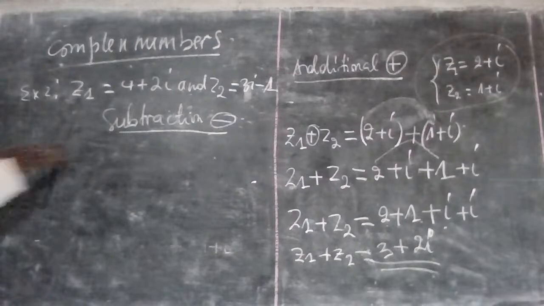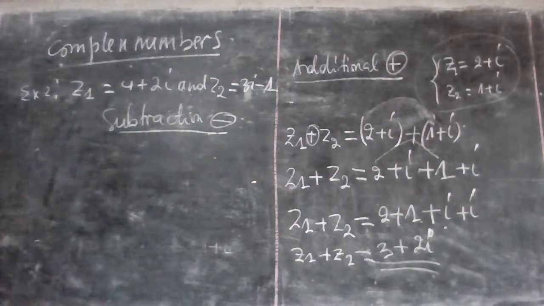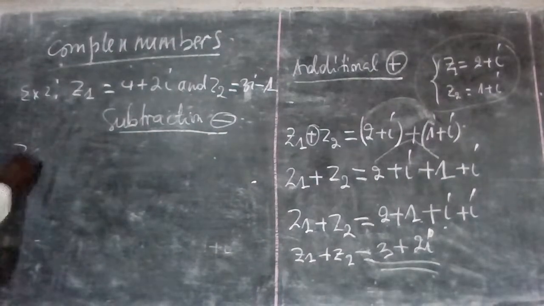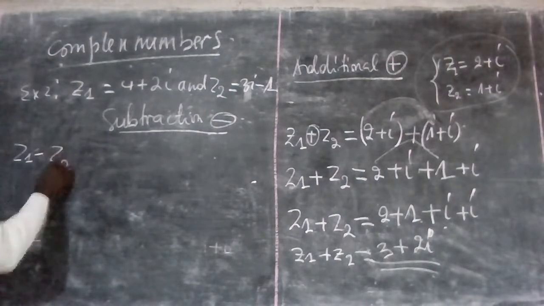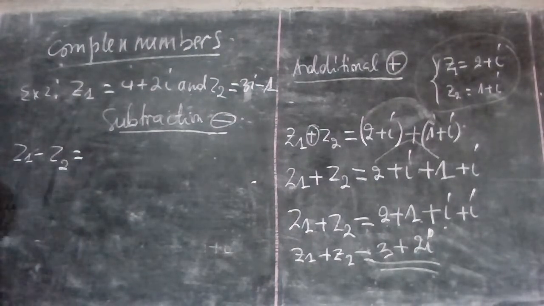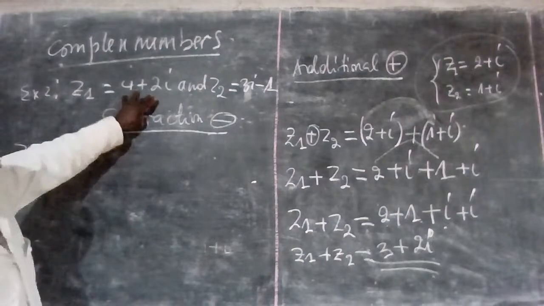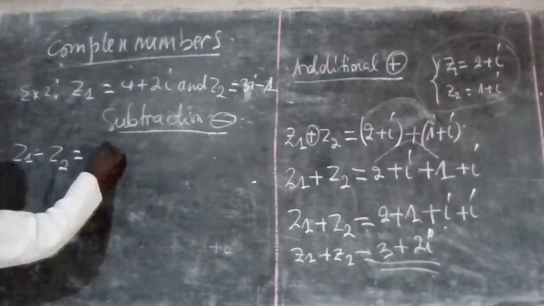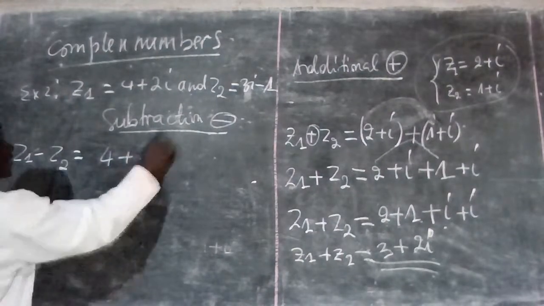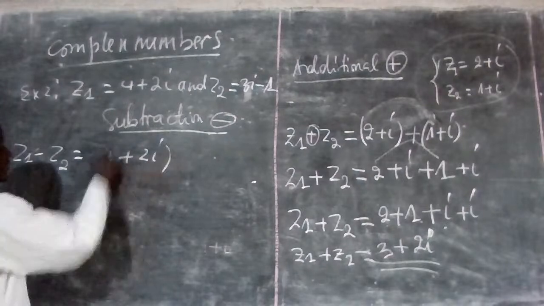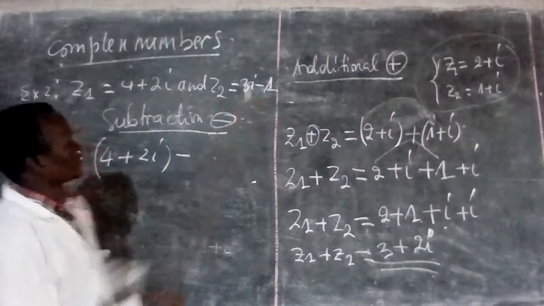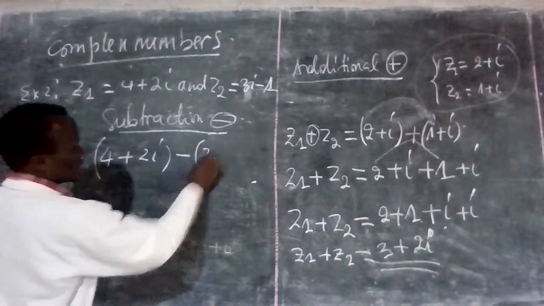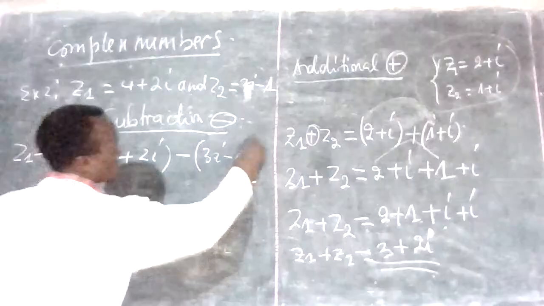Now, how should we subtract those two complex numbers? We have z1 minus z2. This will be equal to the value of z1, which is 4 plus 2i, in brackets, minus z2, which is 3i minus 1.